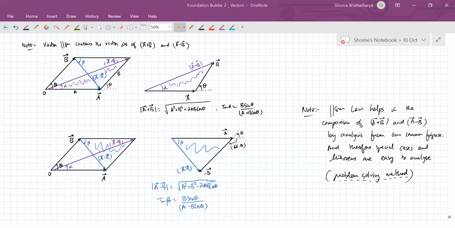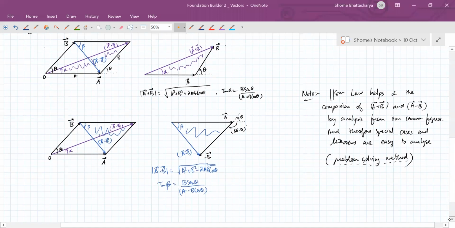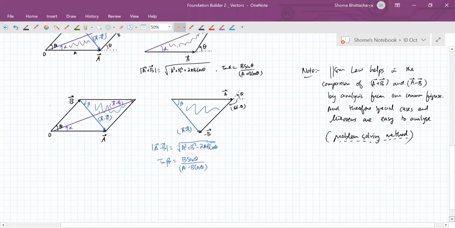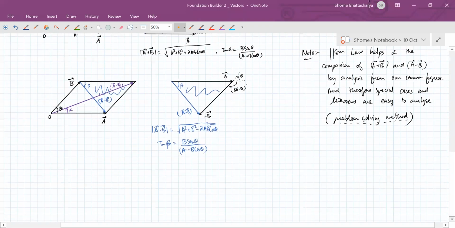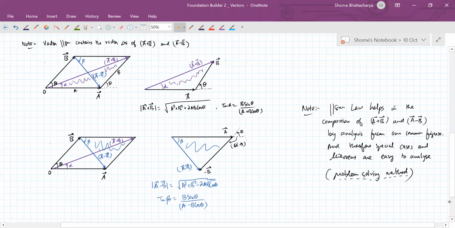Okay, so let's understand some of these special cases and theorems I'm talking about, which become easy to analyze using the parallelogram law. Okay.